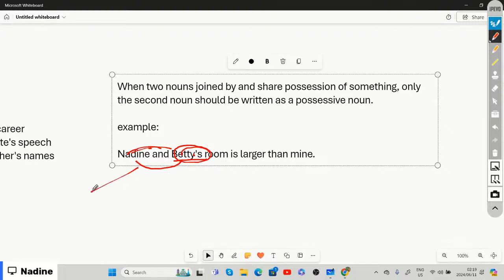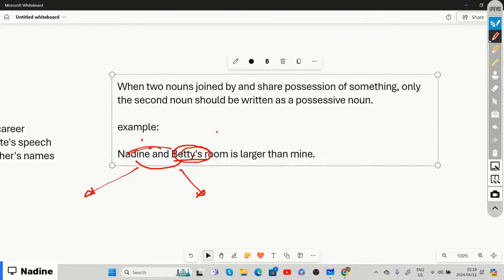But if Nadine has her own room and Betty has her own room, then we say Nadine's and Betty's rooms are clean, or Nadine's and Betty's rooms are larger than mine, which means that both have their own room.